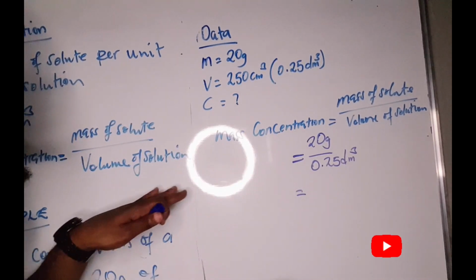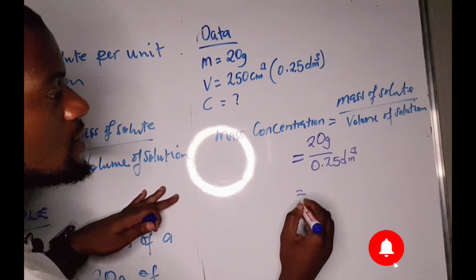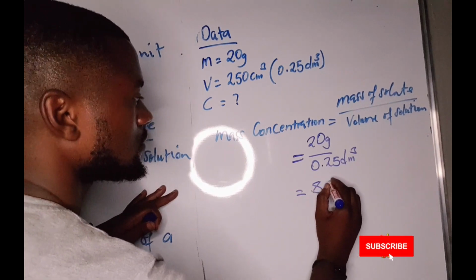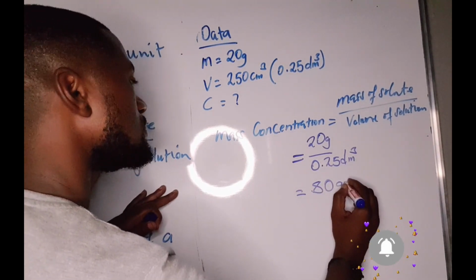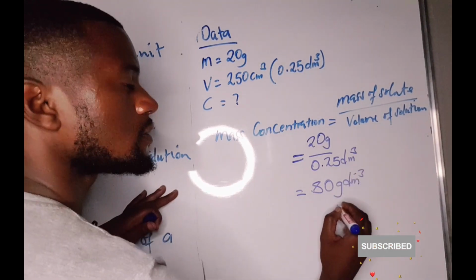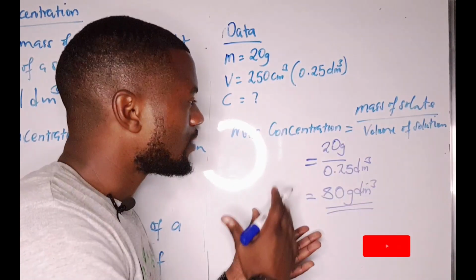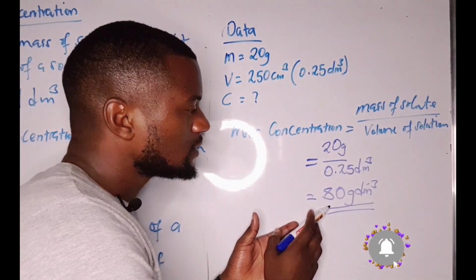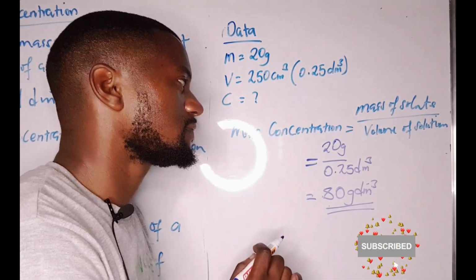When you divide 20 by 0.25 cubic decimeters, you're going to have 80 grams per cubic decimeter. So our mass concentration is 80 grams per cubic decimeter.